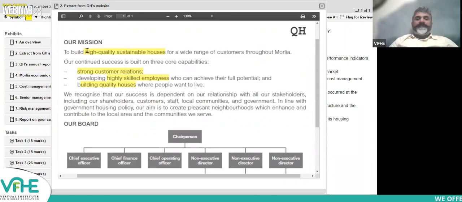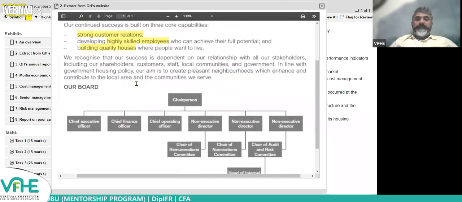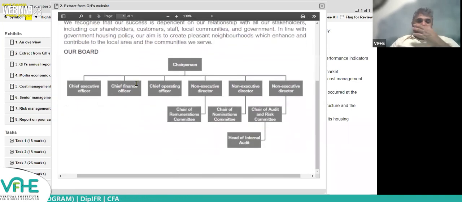Okay, so their mission is to build high quality sustainable houses. They focus on quality, customer relationships, skilled employees, building quality houses. But more importantly, I'm more interested in the board structure for this particular question. Did you understand it?